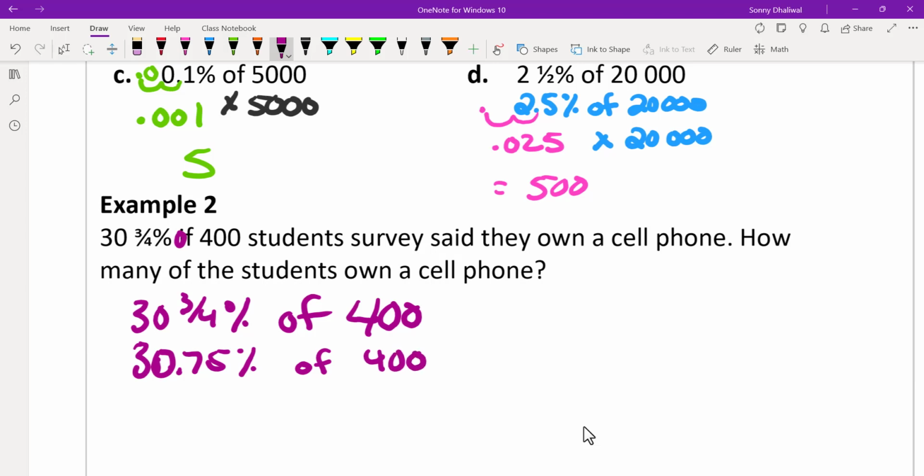Now we need to get rid of the percent. So how do we get rid of that percent? Yes, Alice? Move the decimal over twice or divide by 100? Yeah, move it twice or divide by 100. So it's 0.3075. The of changes into a times, and we have 400. And we run that through our calculator. What do you get?